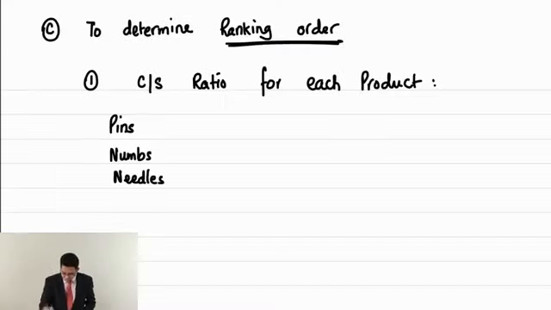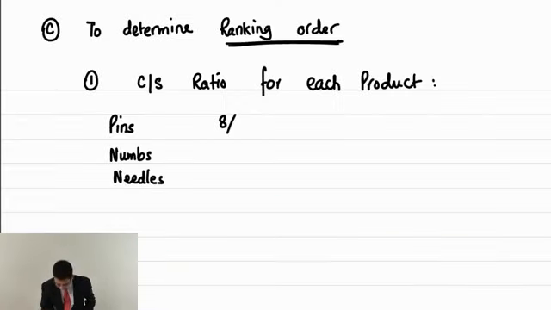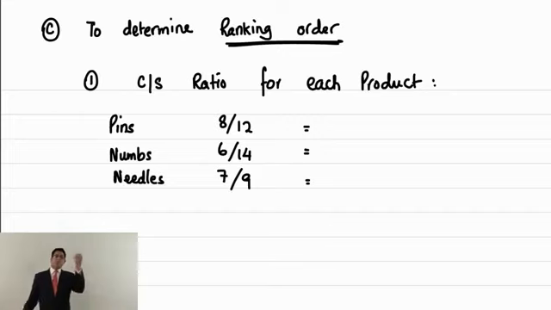Okay, so 8 divided by selling price, sorry I forgot, 12. Second is 6 divided by 14, and third is 7 divided by 9. Excuse me, all I'm doing is contribution of each product divided by selling price of each product, and that's the CS ratio.